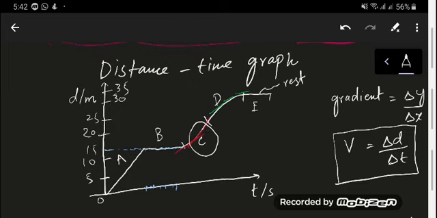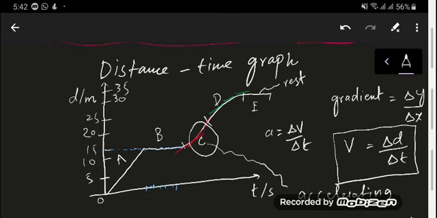You know that acceleration is the rate of change of velocity, delta V over delta T. Since it is moving in the positive direction, the velocity is equivalent to the speed. Since there is a change in speed, the object is accelerating. So at point C, the object is accelerating.